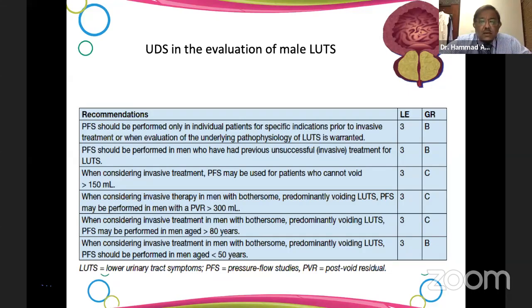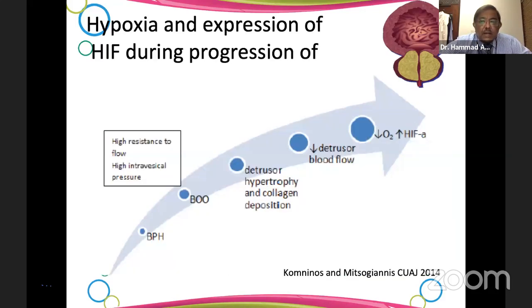In essence, urodynamics is to differentiate between patients who have neurogenic bladder and those who have obstruction. The ones with obstruction will be treated with surgery, whereas neurogenic bladder would require treatment by some other means. So what is the pathophysiology, and why does BPH result in bladder dysfunction?